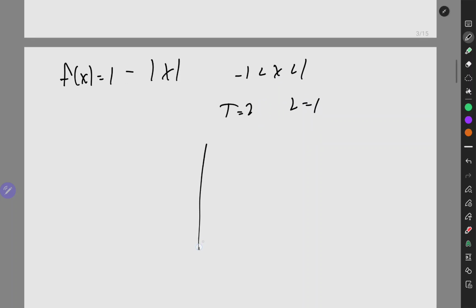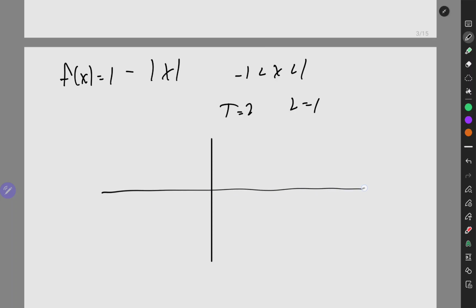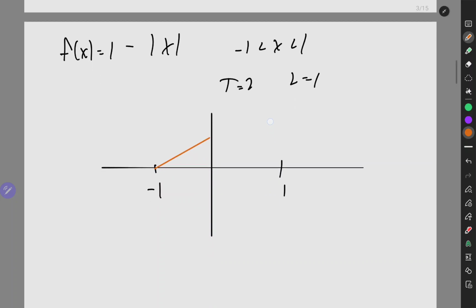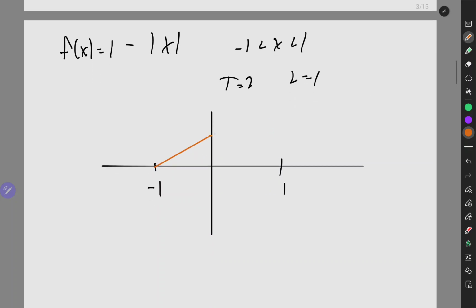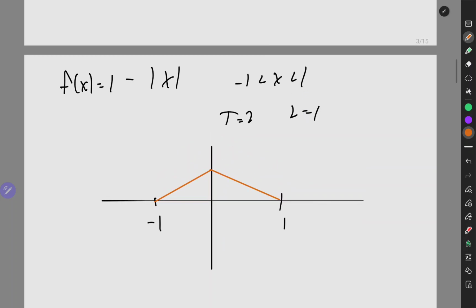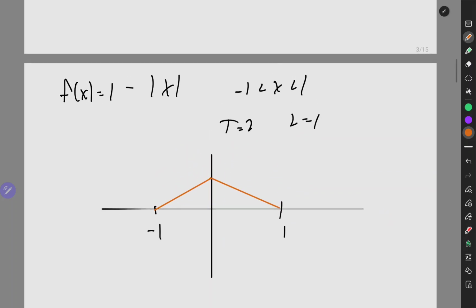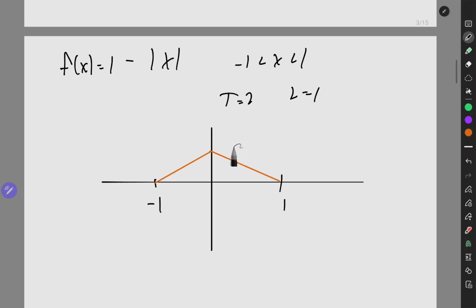Let's just draw one period. It will look something like this, right? That should be symmetric, right?